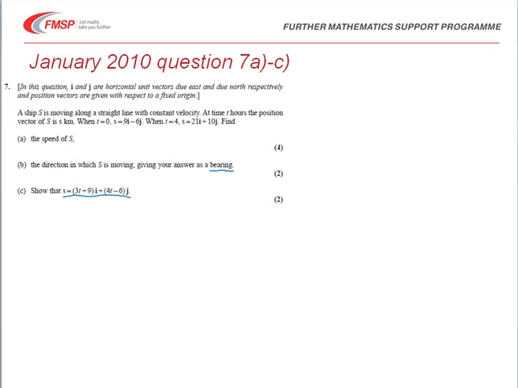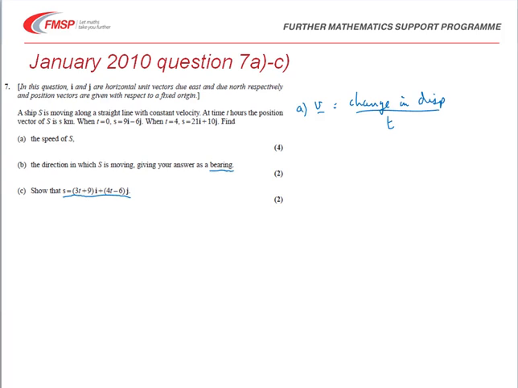The first one, the speed. Well, to get the speed, we need to calculate the velocity. So in the first part of the question, v is equal to the change in the displacement divided by the time.